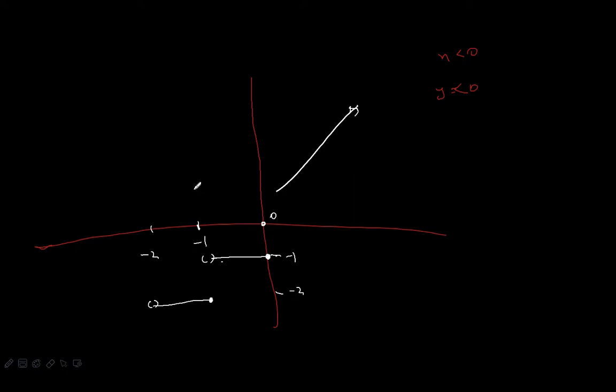Now we'll go into the part of fraction part of x. Y equal to fraction part of x. What is fraction part of x? Fraction part of x is x minus step x.